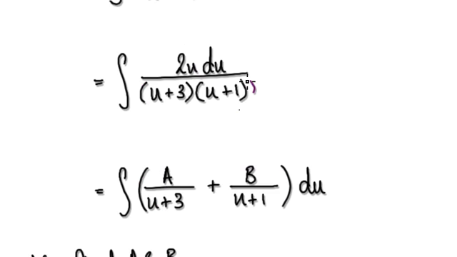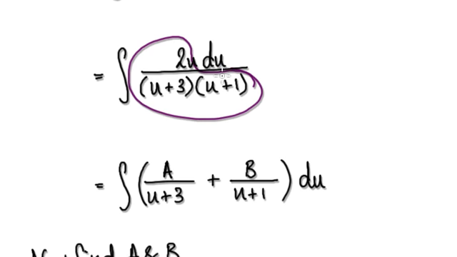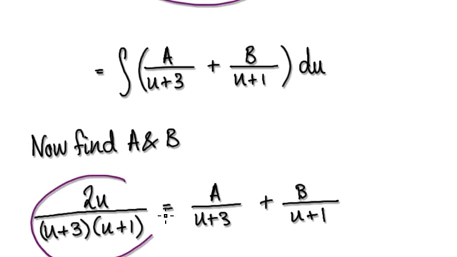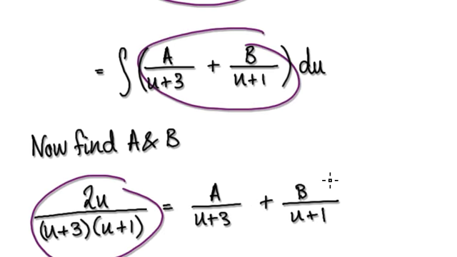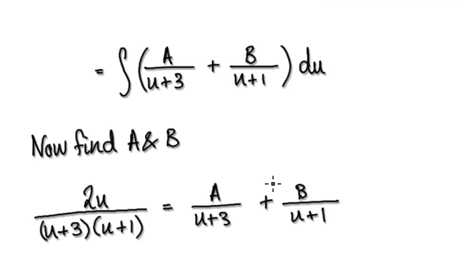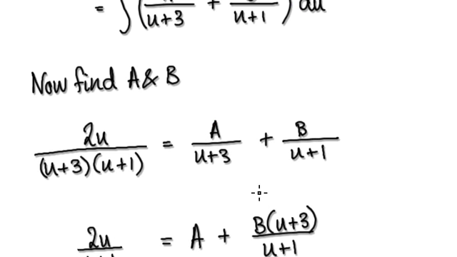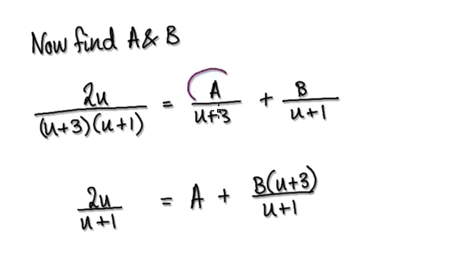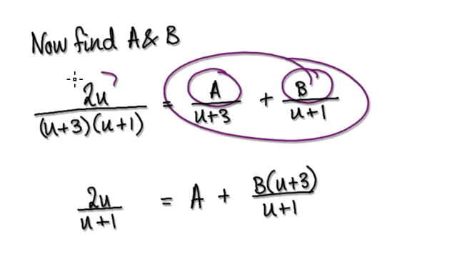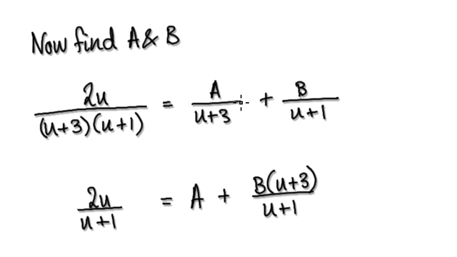So it's just a matter of finding a and b in such a way that this thing equals this thing here. The trick here is to times everything by u plus 3.